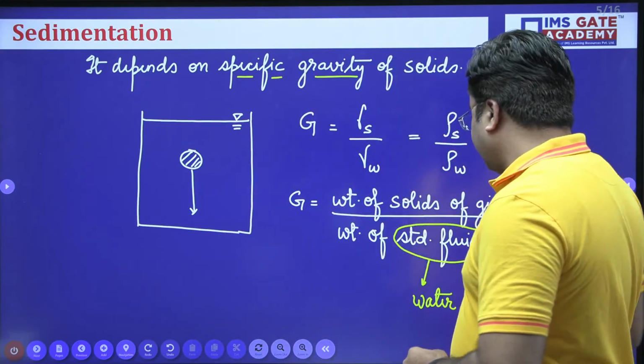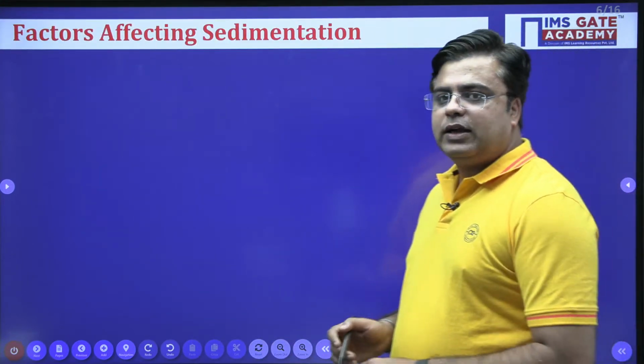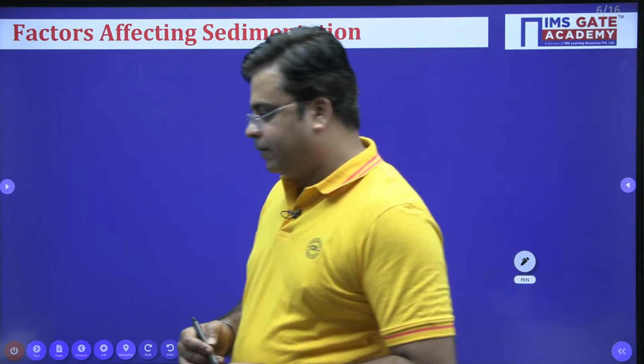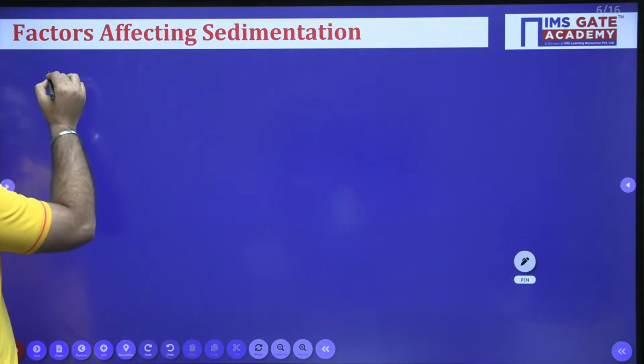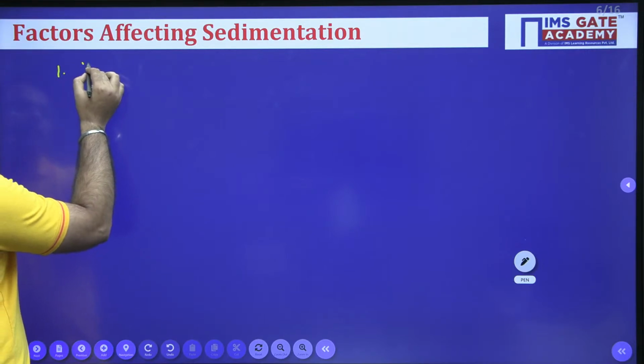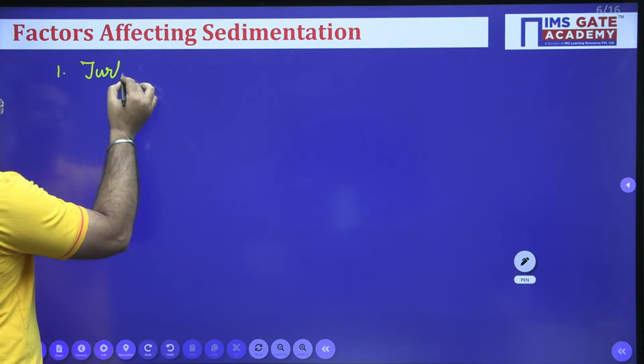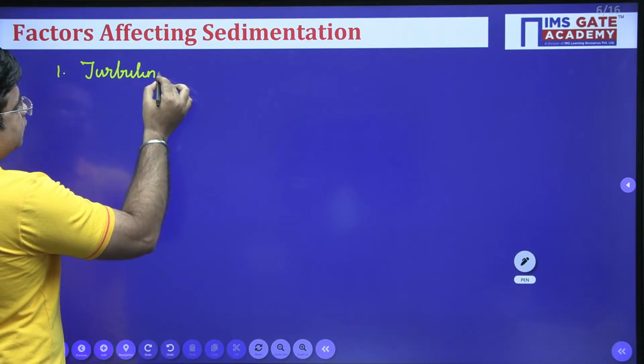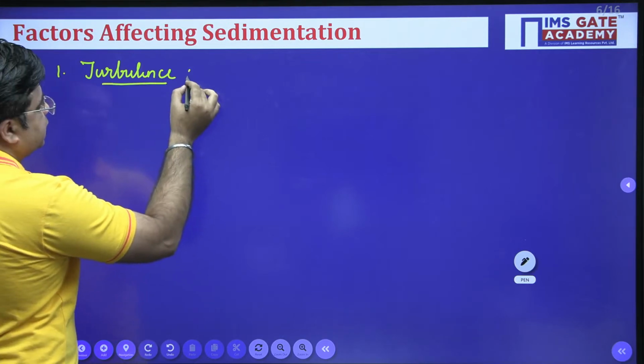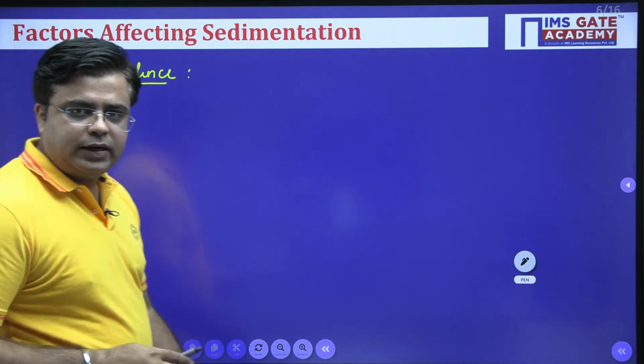Now the next topic of discussion is the different factors which affect the sedimentation. The first factor which affects the sedimentation is turbulence.